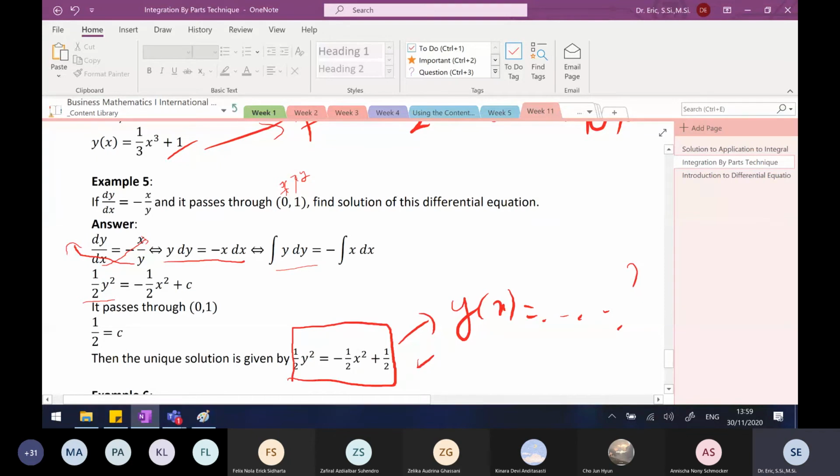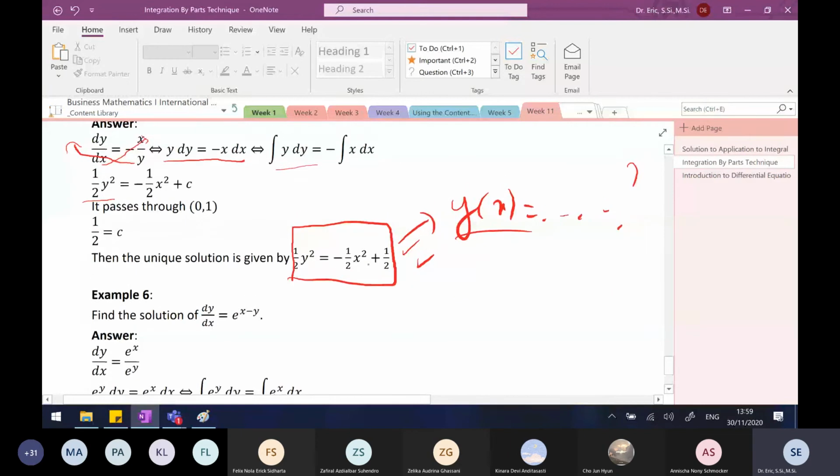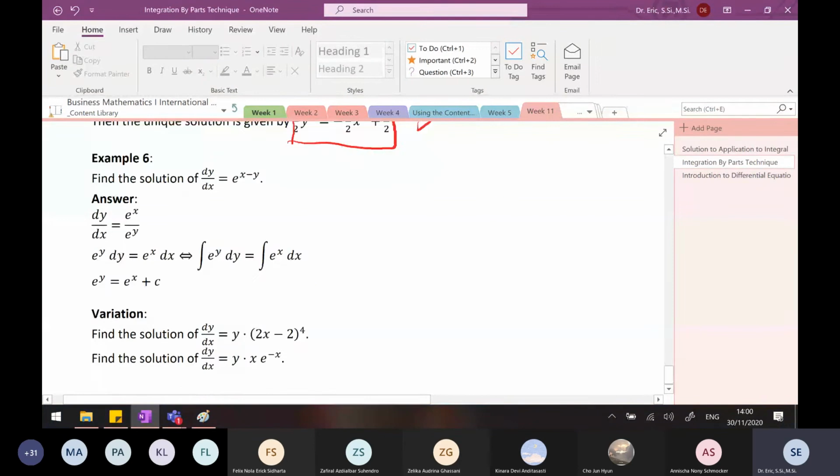You don't have to bring this into y equals form. A half y squared is this. This is just the solution. This is also the solution. And it is enough for me, and it is enough for your other lecturer. Okay, I think this is the last one. Yes, this is the last one.